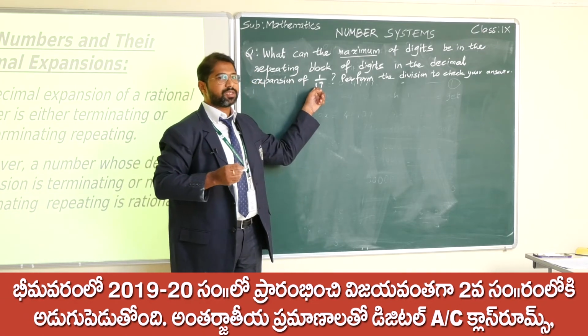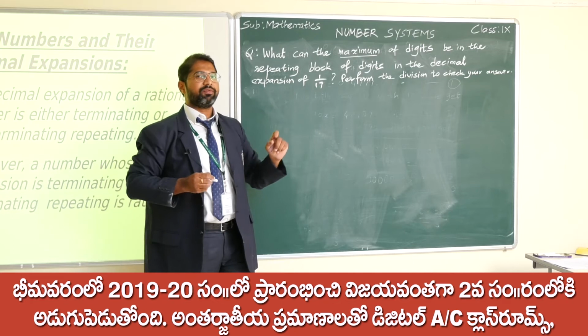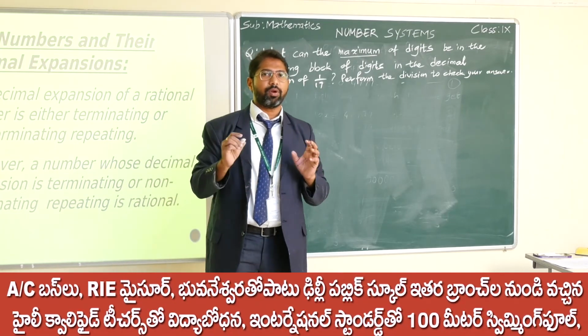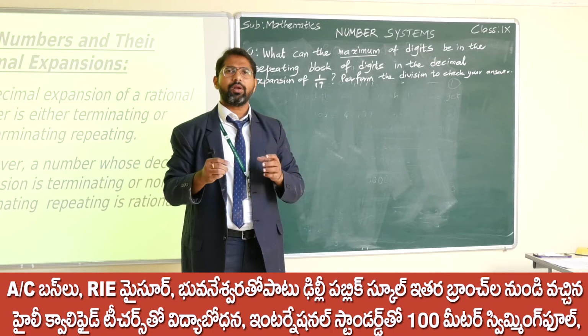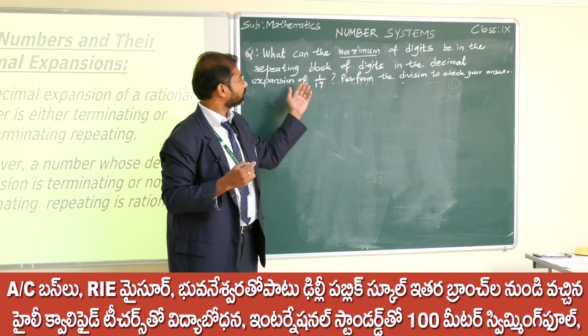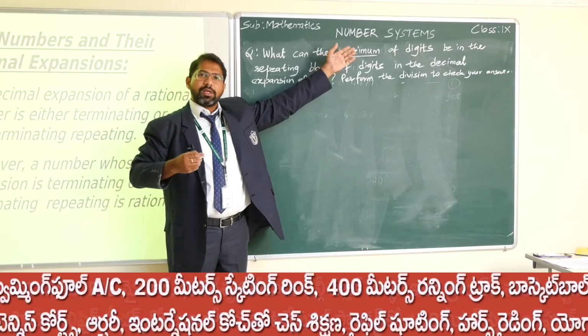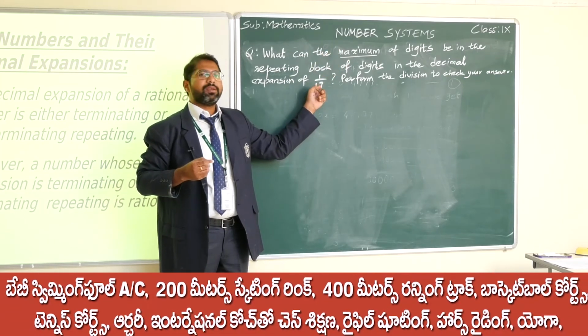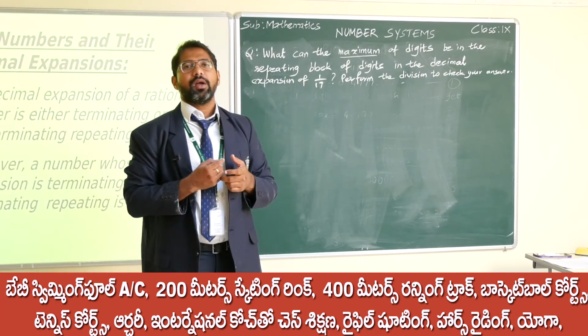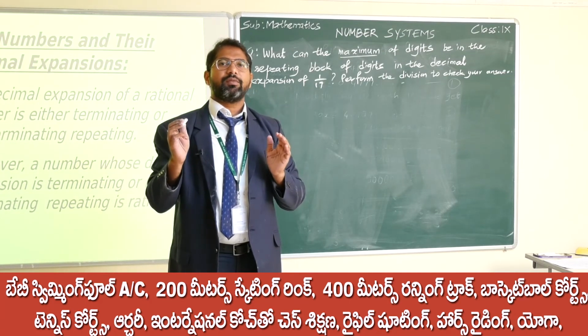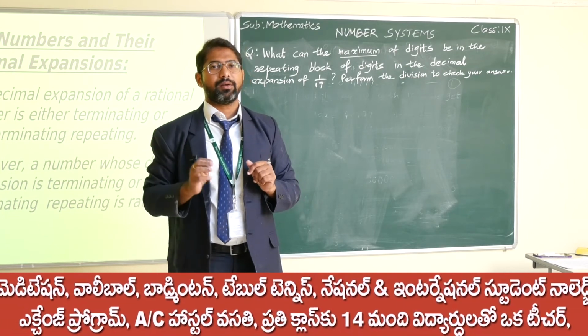Here the denominator is 17, therefore in the repeating block you can get minimum 1 or maximum, it should be less than 17. So you will get maximum 16 digits which are repeating in the decimal part.